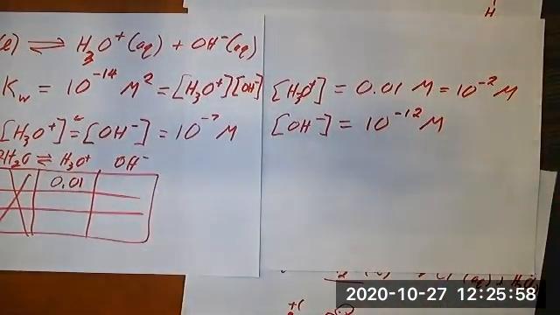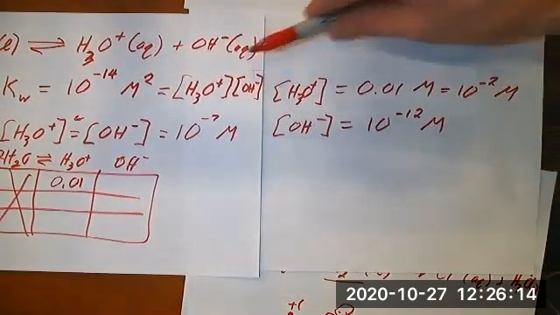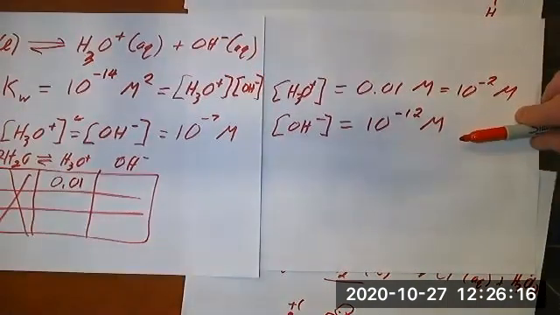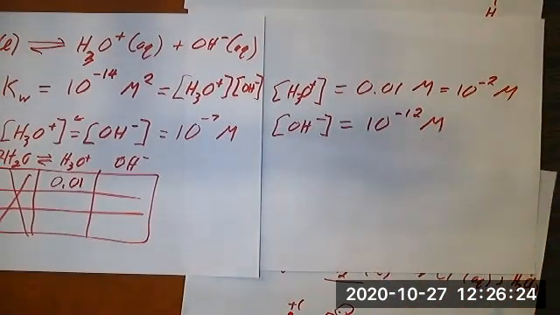Okay. So what we have here is an illustration of how Le Chatelier's principle will cause the reaction to shift back to the left. And just from the equilibrium constant for Kw here, we can determine what our hydroxide ion concentration is. Now, when we are talking about concentrations of hydronium and hydroxide, it is extremely common to have many orders of magnitude difference between the two.